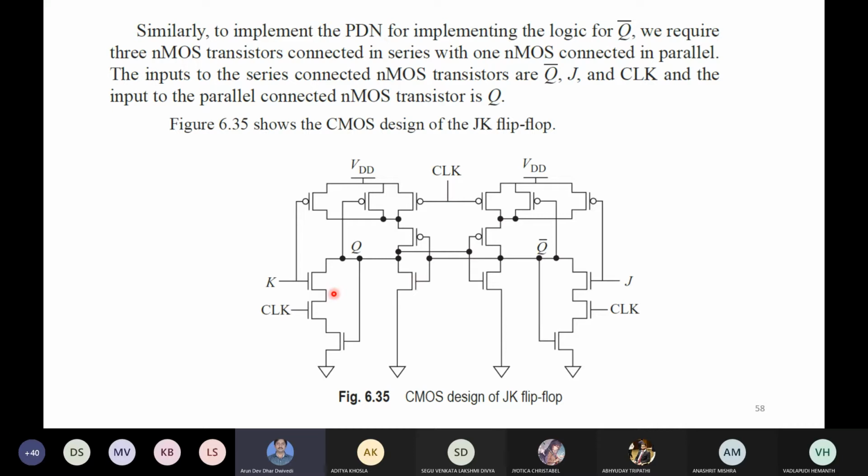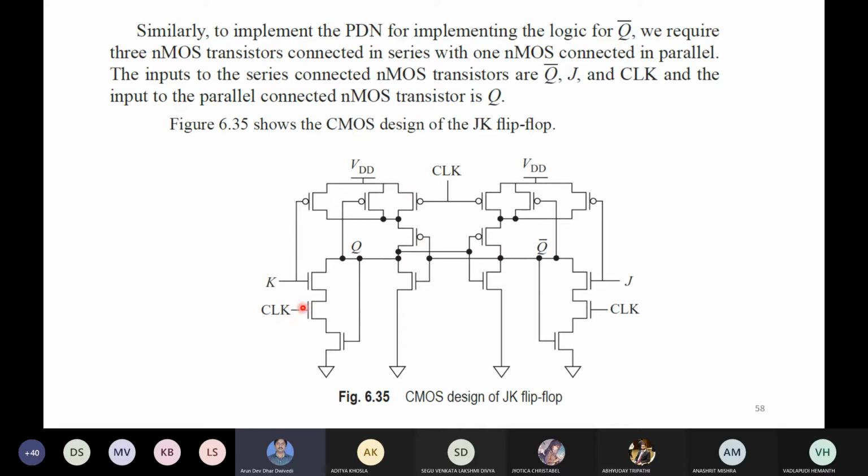And basically Q is the output of this same NOR gate. So this Q is taken from the same NOR gate, but Q bar is coming from the other NOR gate. Then it is given here to this NMOS, and because it is here in parallel, then in the upper side network it should also be there in series with other terms.